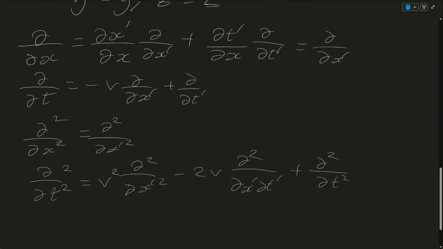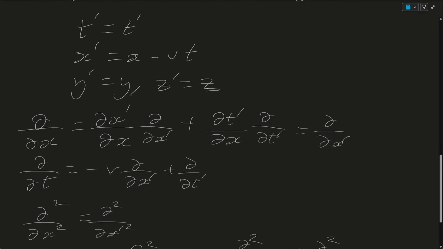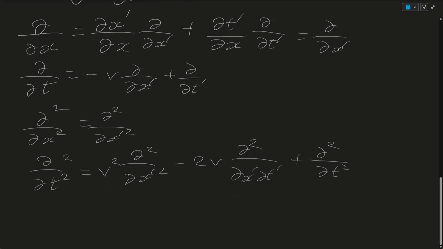And then we can sub things into the wave equation, and we have the Galilean transformed form, and it's a bit gross.